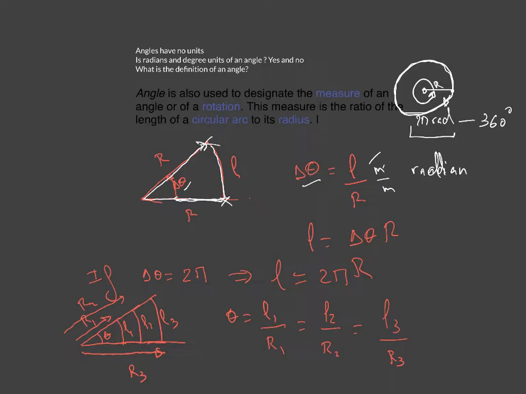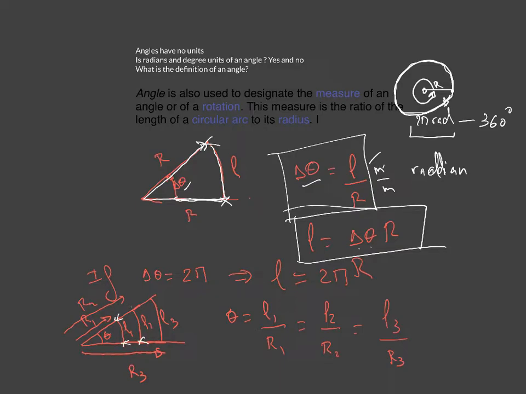So this is the definition of angle, and of course, the length subtended by this angle is delta theta times r. This angle here is the same one if you rotate the line from here to here, or from here to here.